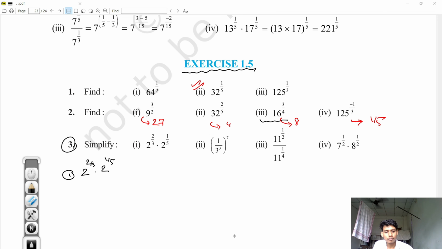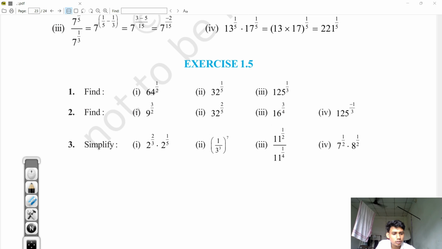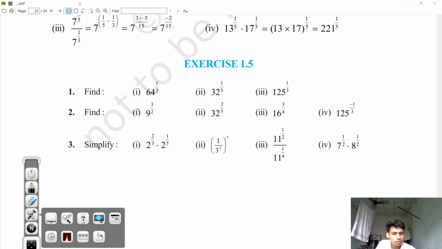Now we know a formula, a to the power m into a to the power n is equals to a to the power m plus n.